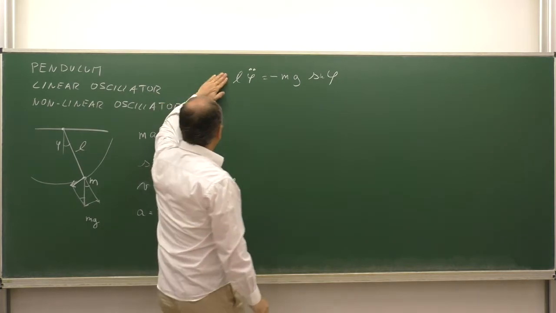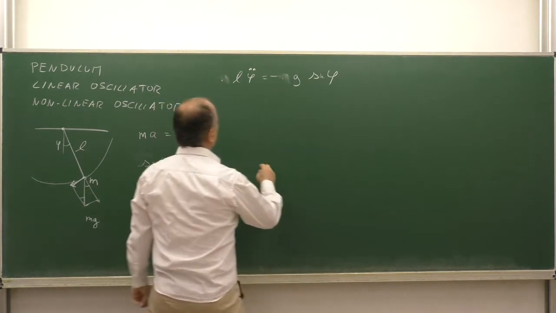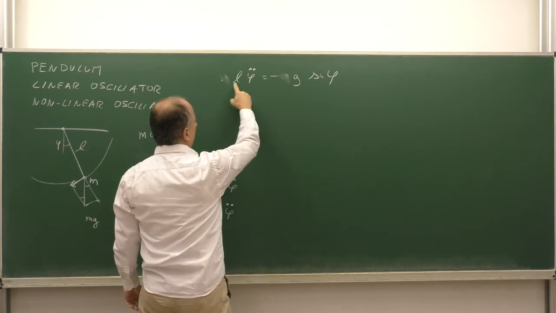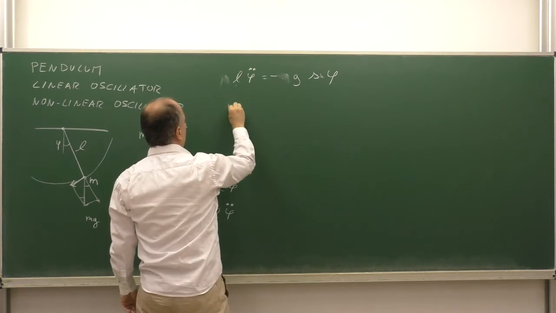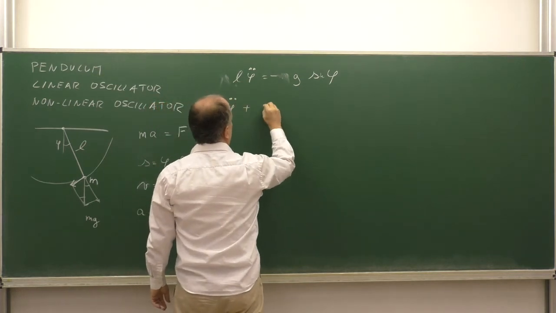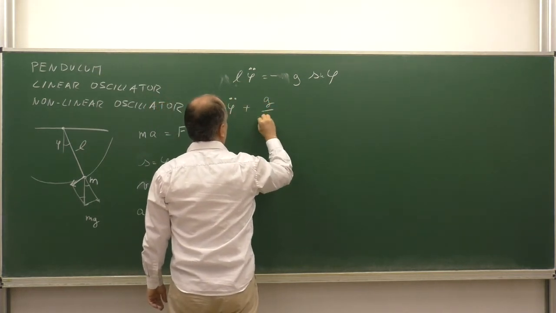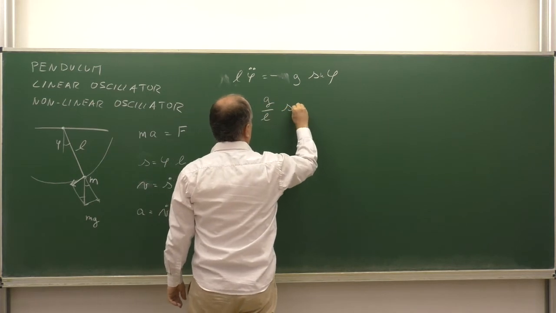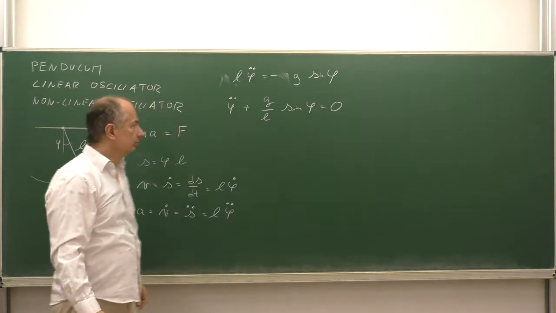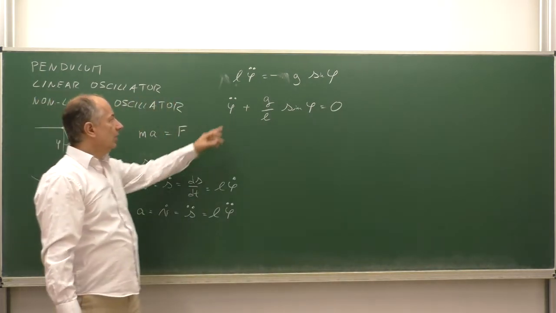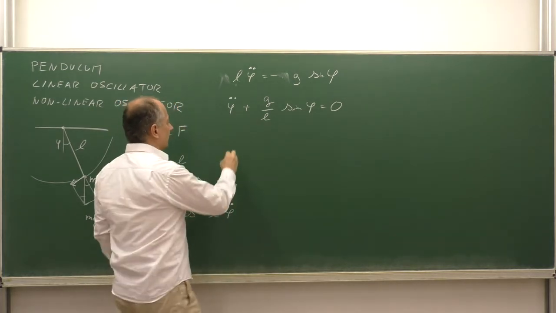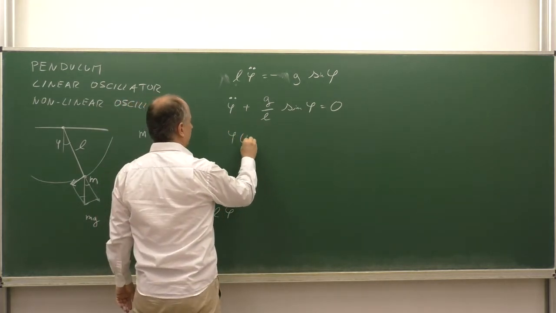We can divide by m, and we can divide by L, and we arrive at the differential equation phi second derivative plus g divided by L times sine of phi is equal to 0. So this is our second order differential equation for the unknown function phi as a function of time.